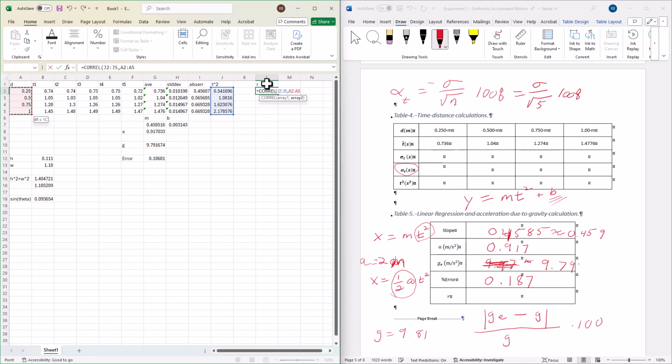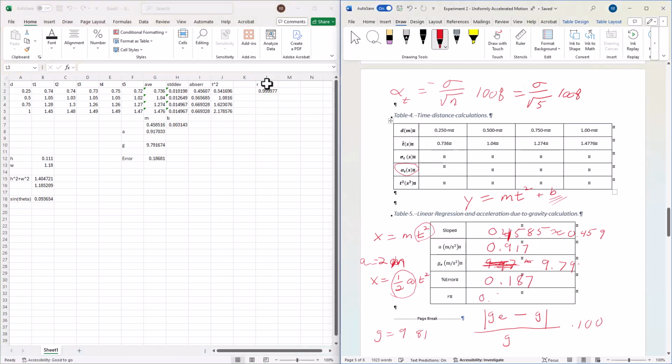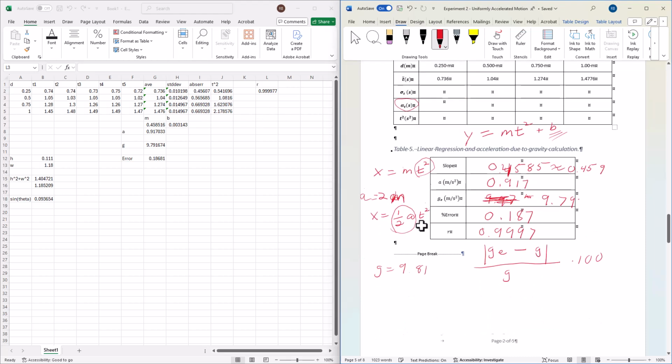You can do distance then time squared or time squared then distance, and that is our correlation coefficient. Our correlation coefficient is basically 0.999977. Okay, which if you rounded it will be 1, but I'm going to write that down as just simply 0.9997 and just leave it at that. All right. So that is how we can get all of our information.